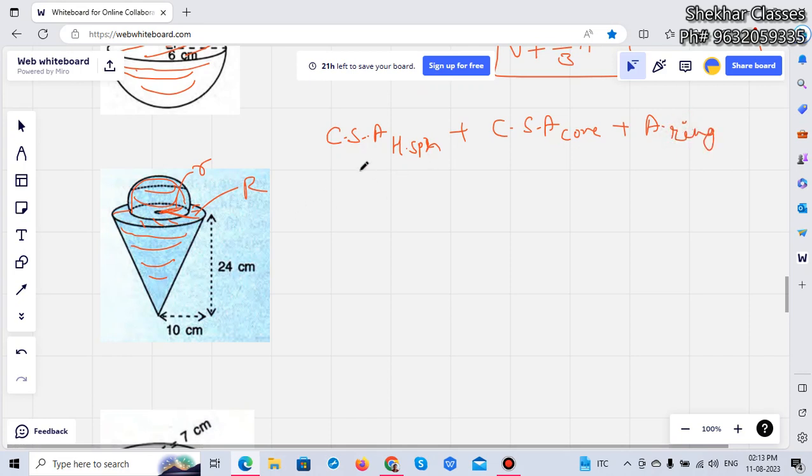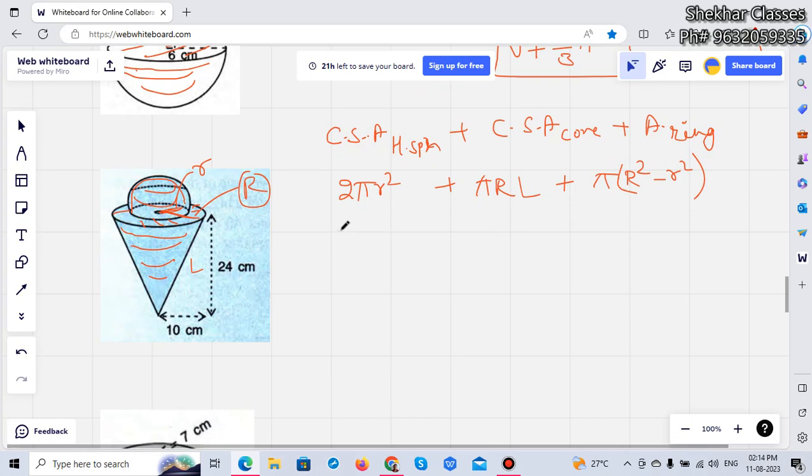So what is the curved surface area of the hemisphere? 2 pi r square. Curved surface area of the cone: remember, this is bigger capital R here, so this will be pi R l. Now the area of the ring will be pi times capital R square minus small r square.